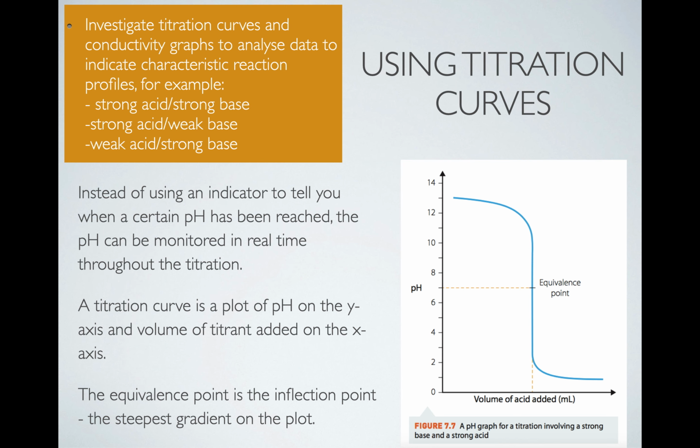Here, it's really hard to tell because it's so steep, but it's basically halfway along and it's pH 7 there for equivalence point. So wherever the curve meets where our pH is 7, and we do a dotted line down, we should see the volume of acid added there as well. Even if you're doing this, you can use an indicator in there and you'll see it happen as well. So the equivalence point is the inflection point, the steepest gradient on the plot there.